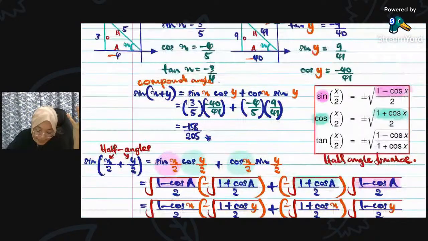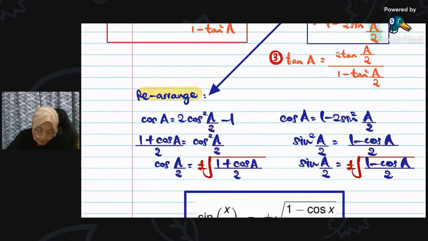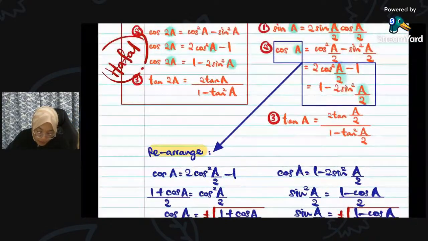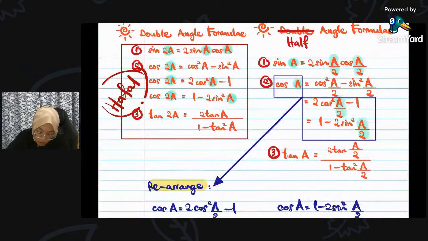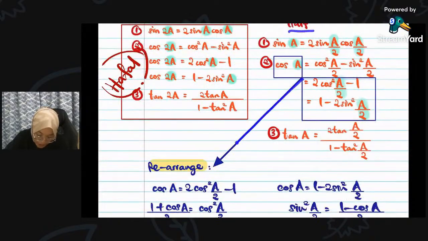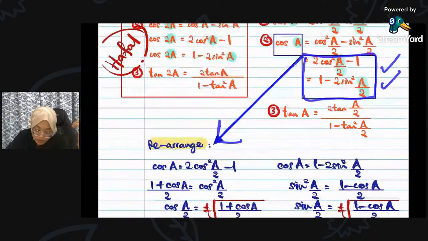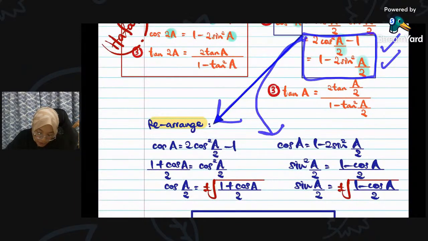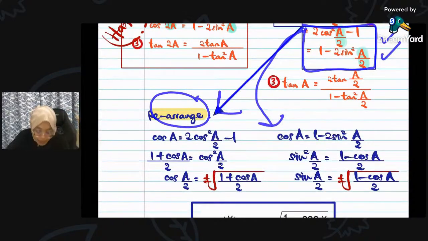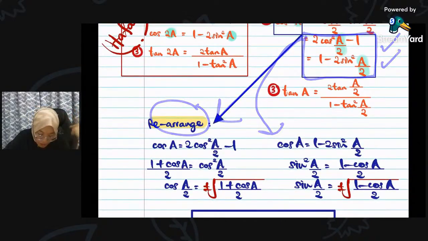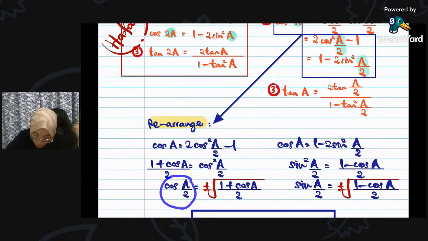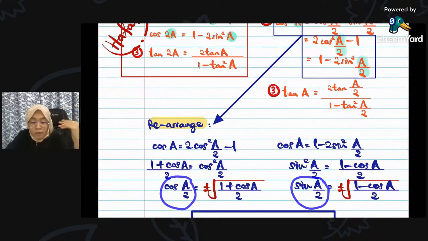Dia sebenarnya adalah hasil half angle formula. This half angle formula is actually from these dua kotak ni, dua formula ni, diarrangekan, dia disusun supaya menjadikan cos A over 2 sebagai subjek, supaya menjadikan sin A over 2 sebagai subjek.